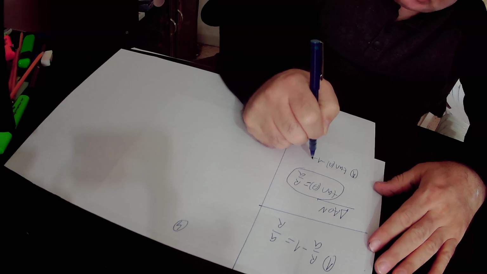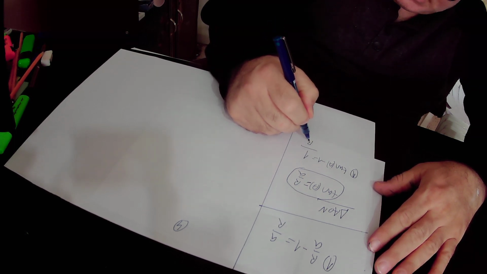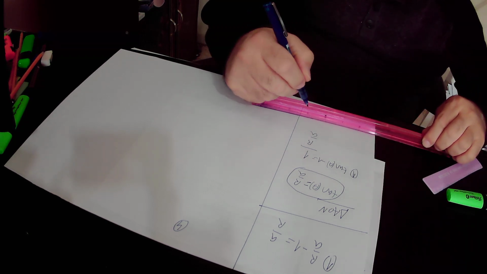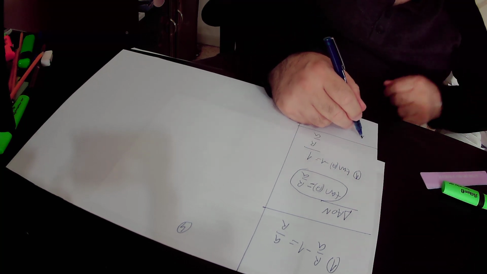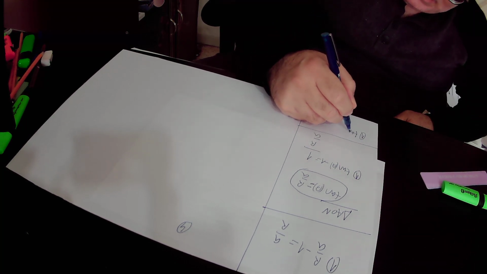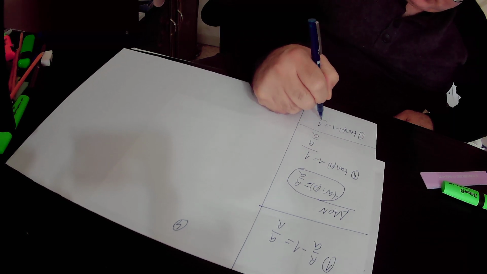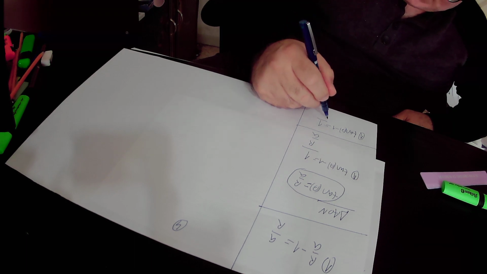minus 1 equals A over R, but A over R is 1 over R over A. Now we can substitute R over A in equation number 1 here by tangent theta. And we do it now and we get tangent theta minus 1 equals 1 over R over A, which is tangent theta.